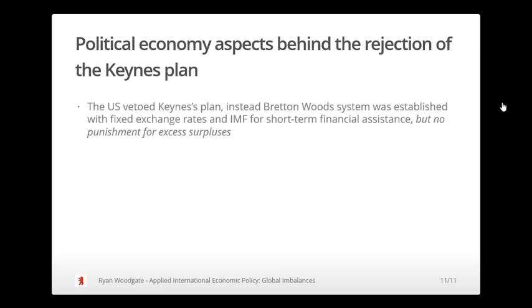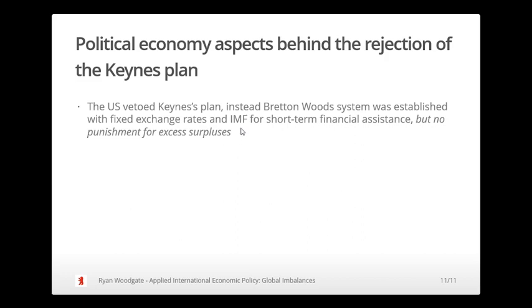So the US vetoed Keynes' plan in 1941, I believe, and instead, of course, we have the Bretton Woods system, which was established. And although it did have a fixed exchange rates system, and of course the IMF was then established in order to try and help if a deficit country runs into balance of payments crises, it did not have any punishment for excess surpluses.